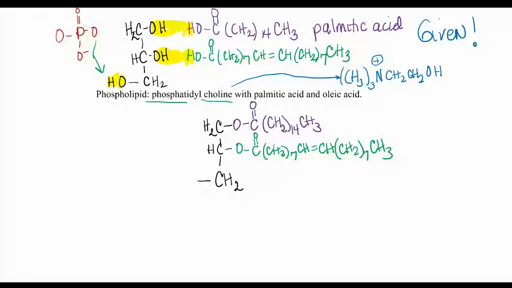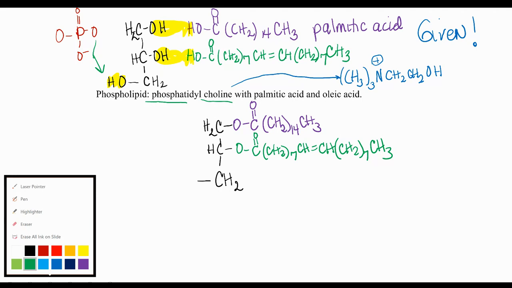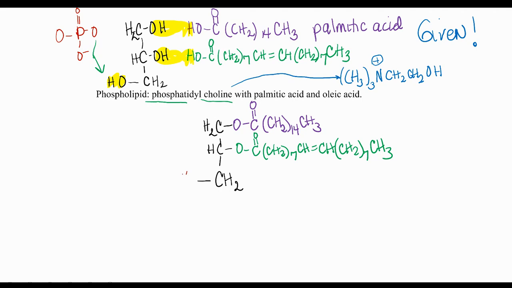That's going to be attached from that O. Okay, so let's go ahead and write that in, the phosphate group. Okay, so that phosphate group comes in there and attaches.